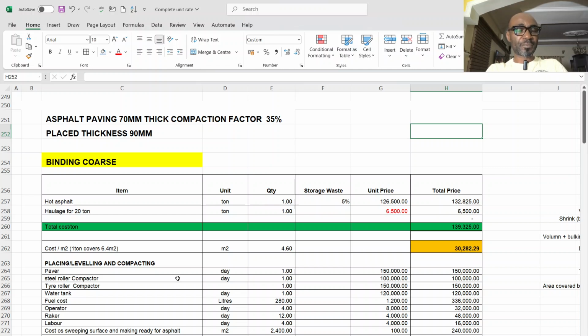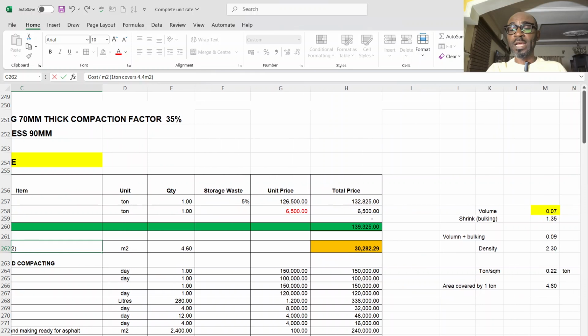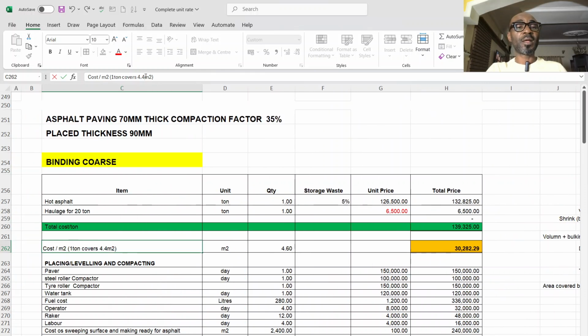Basically, the equipment that is used for the two is the same, and the only thing that differs is the cost of the asphalt.